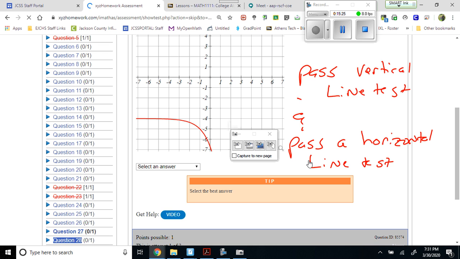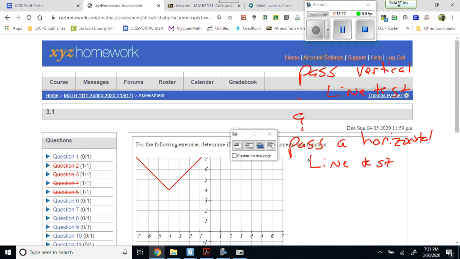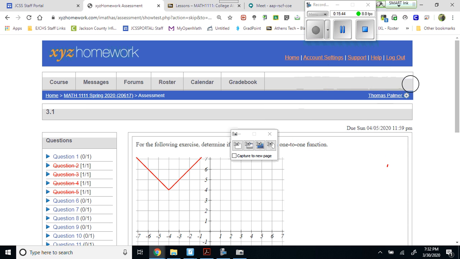28. Determine if it passes. This one would not. I mean, look right here. It'll pass the vertical line test, but it will not pass the horizontal line test, okay? All right. So just kind of know that.